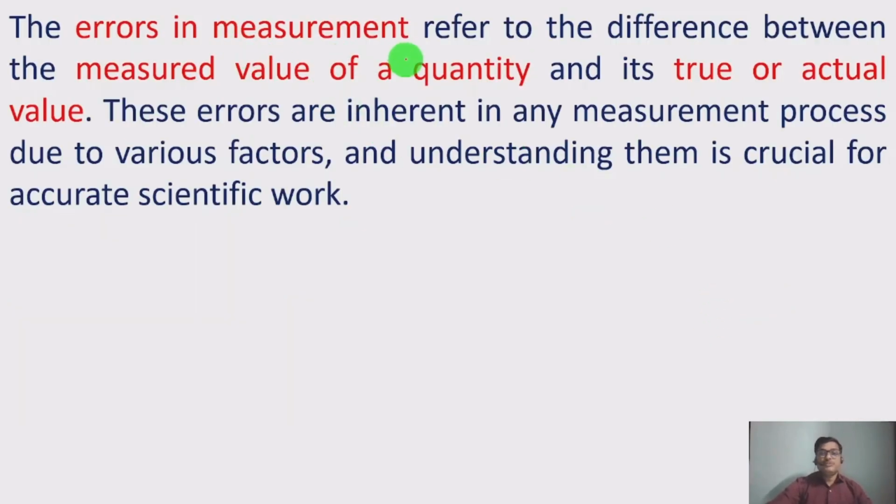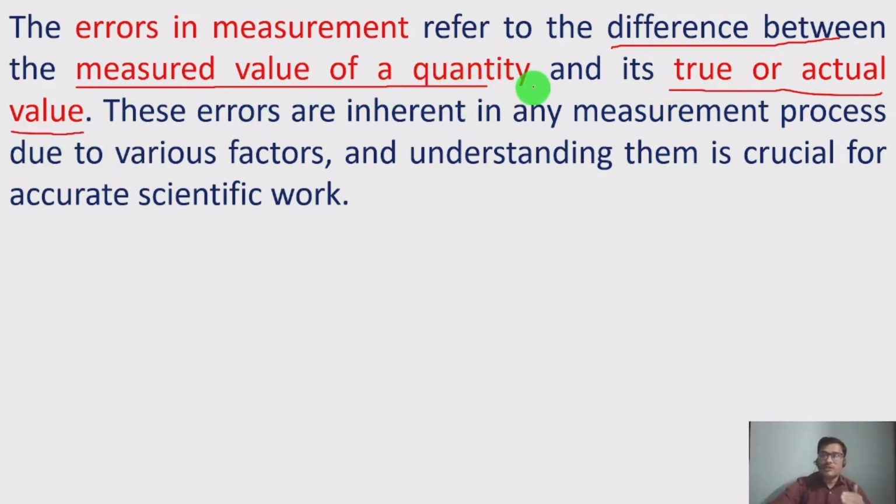The errors in measurement refer to the difference between the measured value of a quantity and its true or actual value. The difference between the true or actual value that the quantity has and the measured value of that quantity is called the error in measurement. These errors are inherent.